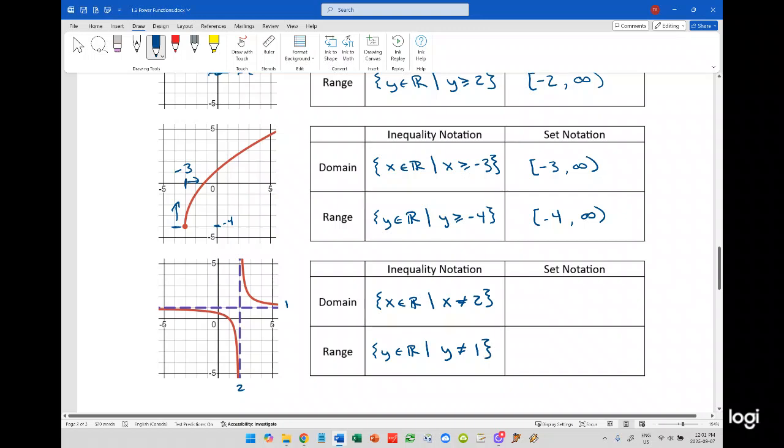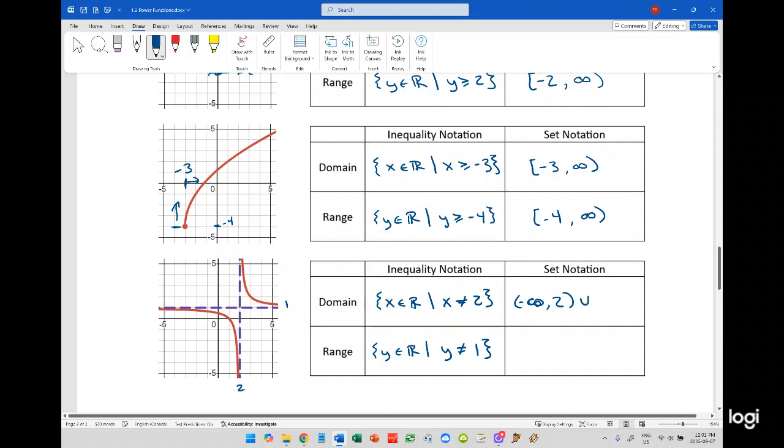For our set notation, before we said what the minimum and maximum were, here we kind of have two pieces. We have like the low half and the high half. So what I'm going to say is we have negative infinity up to 2. Now this time 2 is not included in the x's. 2 is not allowed, so that means we get a round bracket.